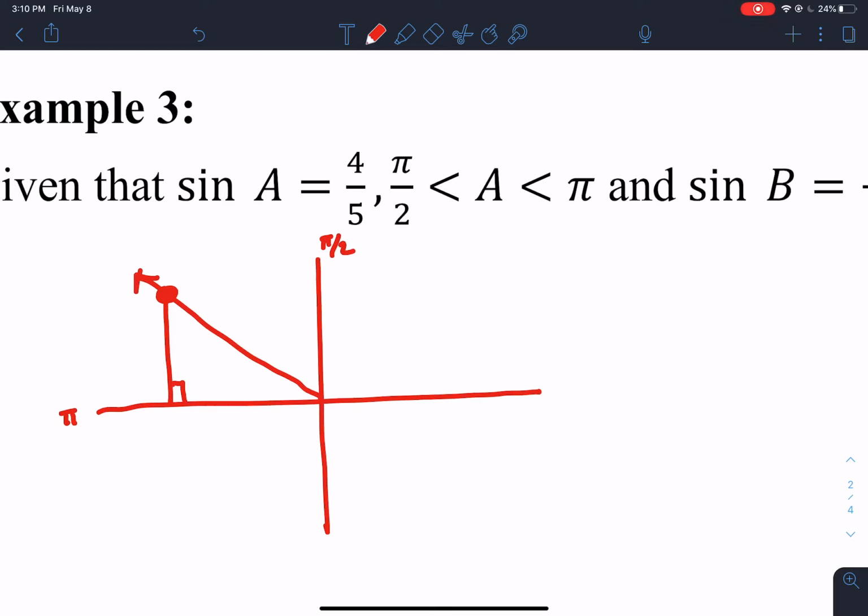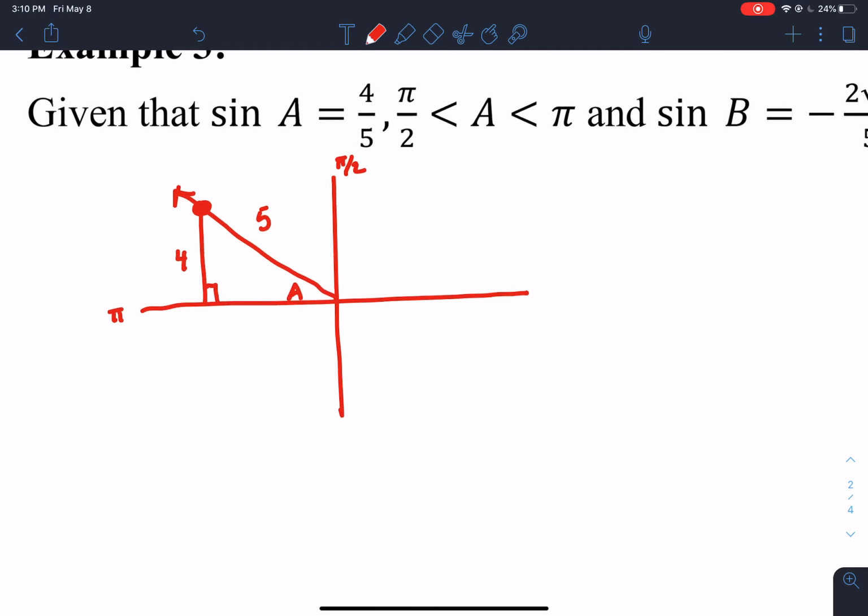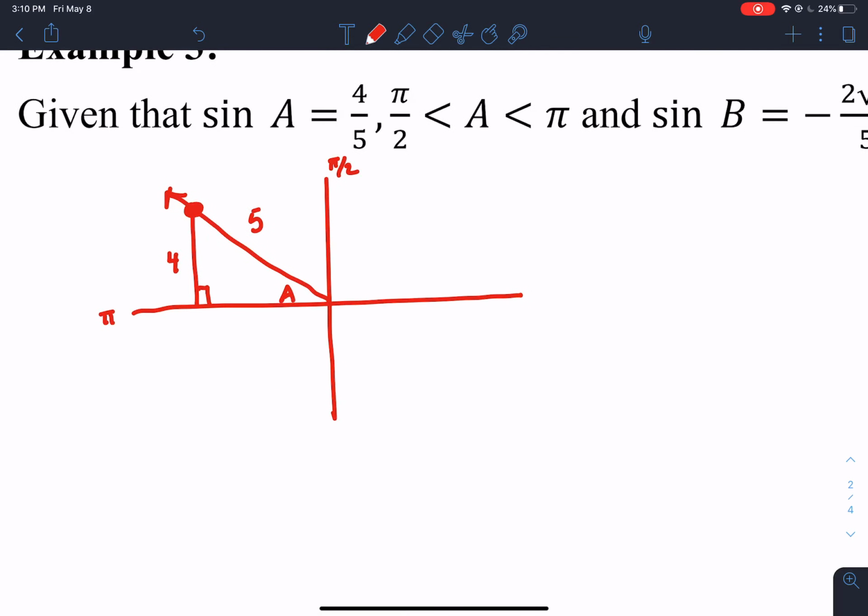All right, now it says sine of A is 4 over 5. So if I make A the angle right there, okay, 4 over 5 would make this 4, and then that's 5, okay? And now because it's in the second quadrant, I know that x has to be negative, okay? So if you solve that out, you got x squared plus 4 squared is 5 squared.